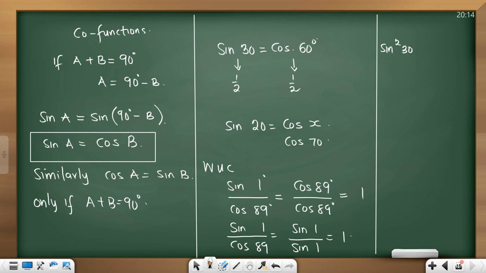Sine squared 30 over cos squared 60. That's one. Just two questions. Sine 45 is equal to cos theta. What is theta going to be? No calculators.